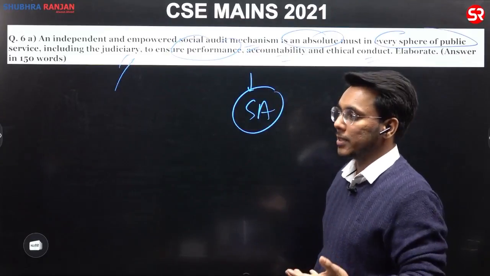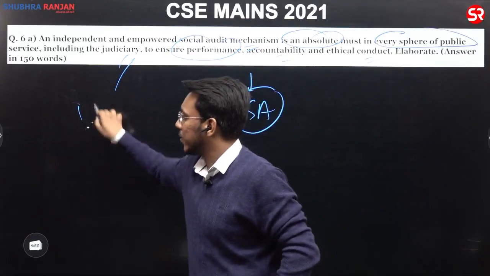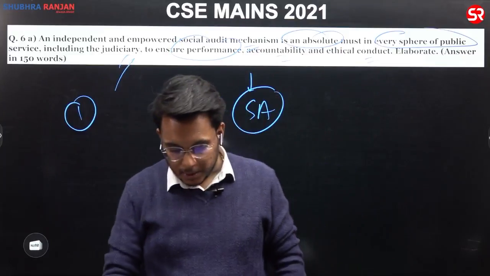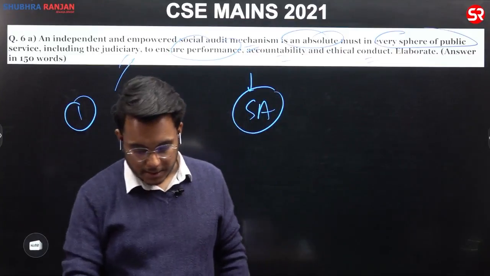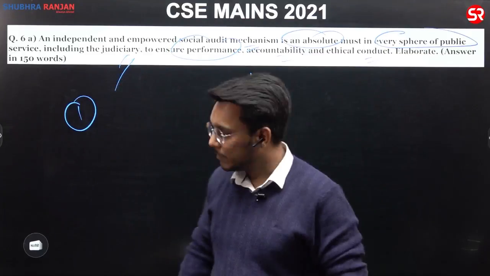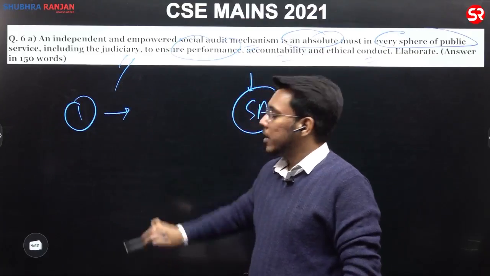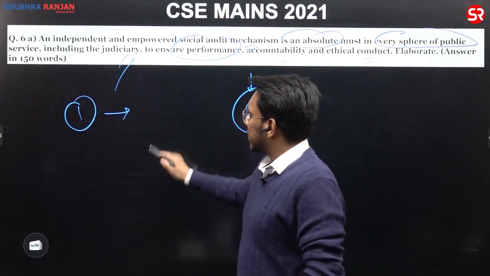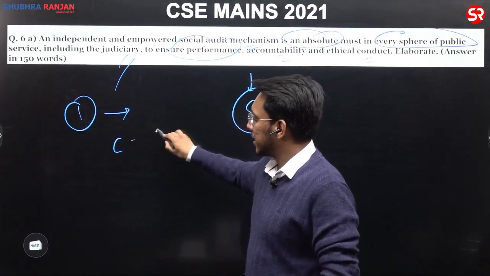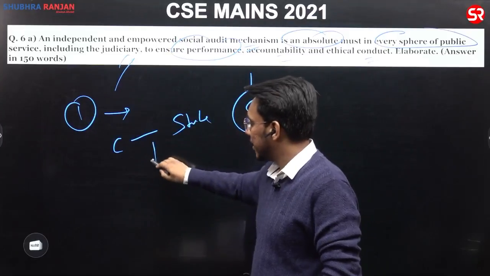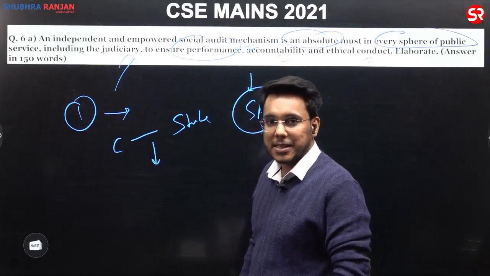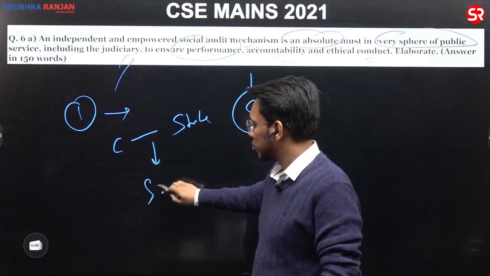Now, why is social audit important? Certain reasons could be given here. Reason number one is this. When we talk about the relation between the citizen and the state, it is guided under the social contract.